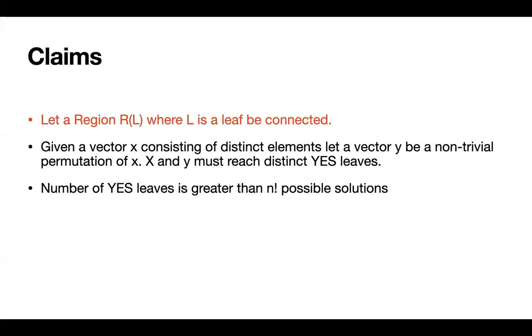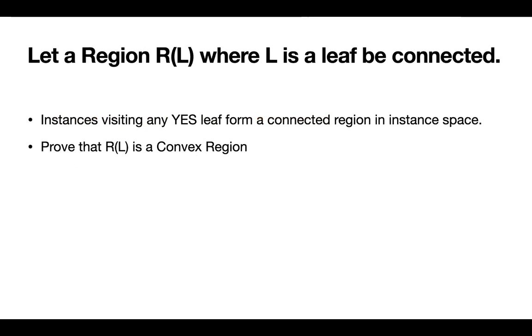So let's look at the first claim: let a region R of L, where L is a leaf, be connected. What we want to do is realize that instances visiting any yes leaf form a connected region in instance space. And one of the ways we're going to prove this is by proving that R of L is a convex region.